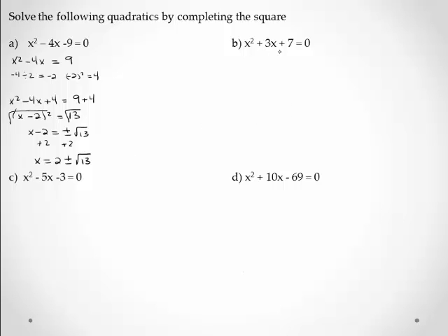Now, if I have a non-even b, this is not necessarily the best method for solving this, but we can still do it. I'm going to take 3 and divide it by 2 and square it, and that's going to give me 9/4. So I'm going to add 9/4 to both sides.